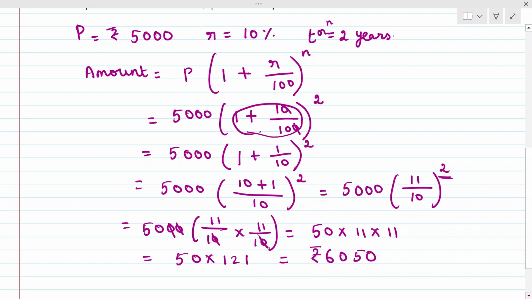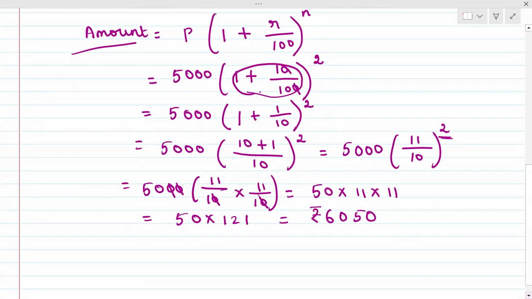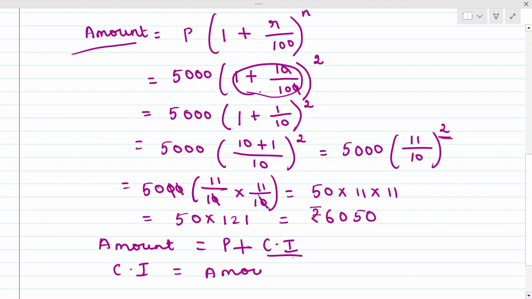And this is the amount, not the compound interest. They have asked for compound interest and this is the amount. Amount means principal plus compound interest. We want compound interest. That means CI, compound interest, equals amount minus principal.